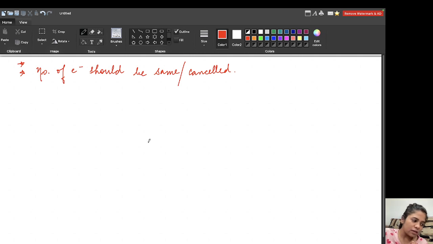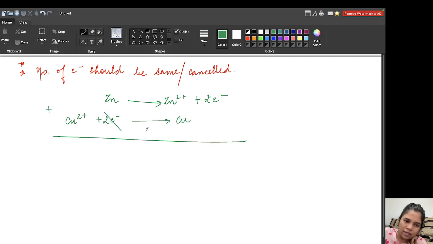Now, suppose you have zinc. Zinc is getting oxidized to Zn2+ and 2 electrons. This was happening in your left hand side, like oxidation half cell, right? In the reduction half cell, what was happening? Cu2+ plus 2 electrons was giving you Cu. Correct? Just combine these both. Can you see 2 electrons are getting cancelled at both ends?